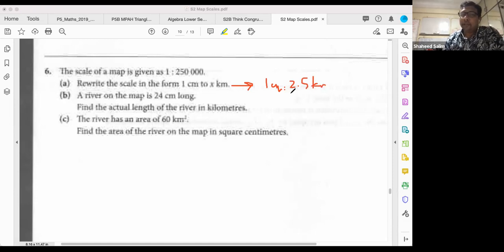Now you got to change. You already got this one. For this one, no problem. You can use this scale. But for the next one, you need the area scale. Okay.